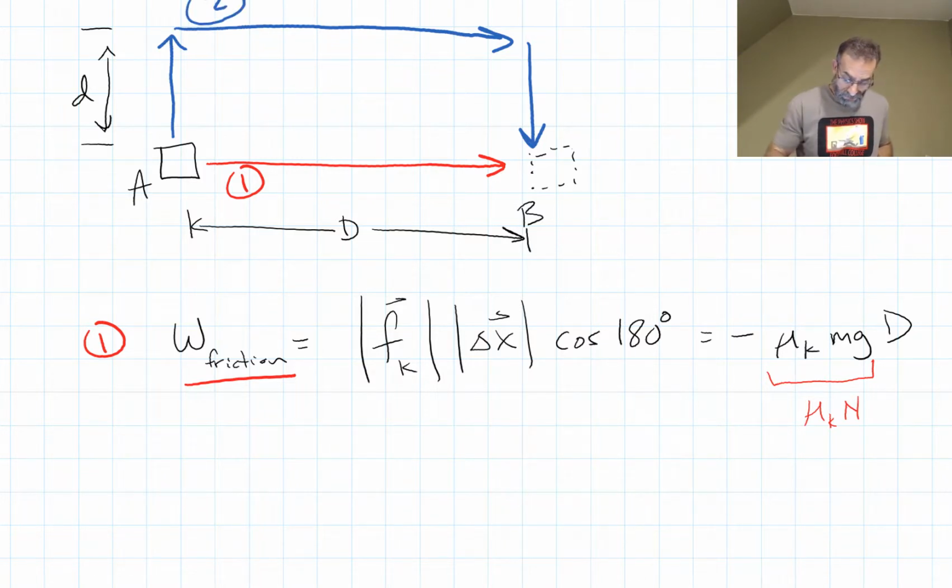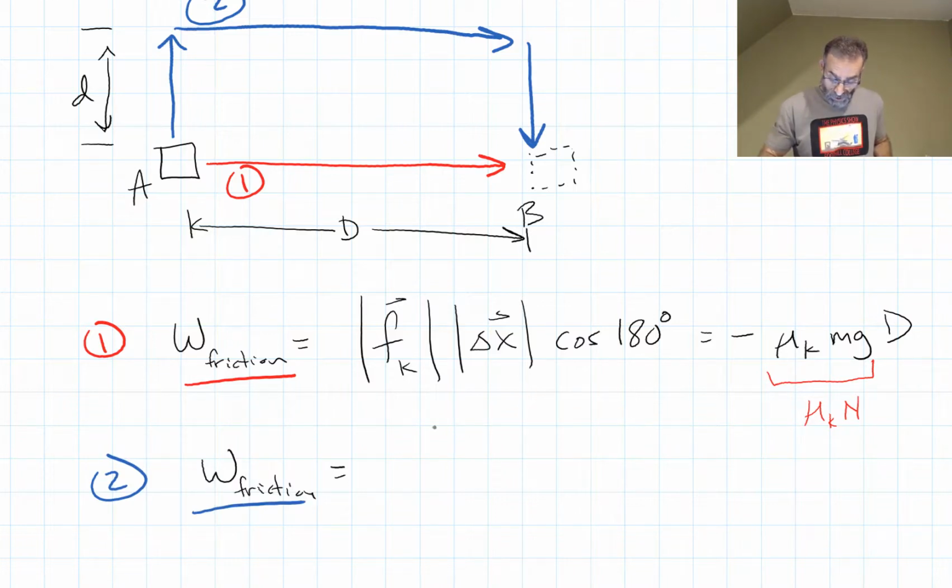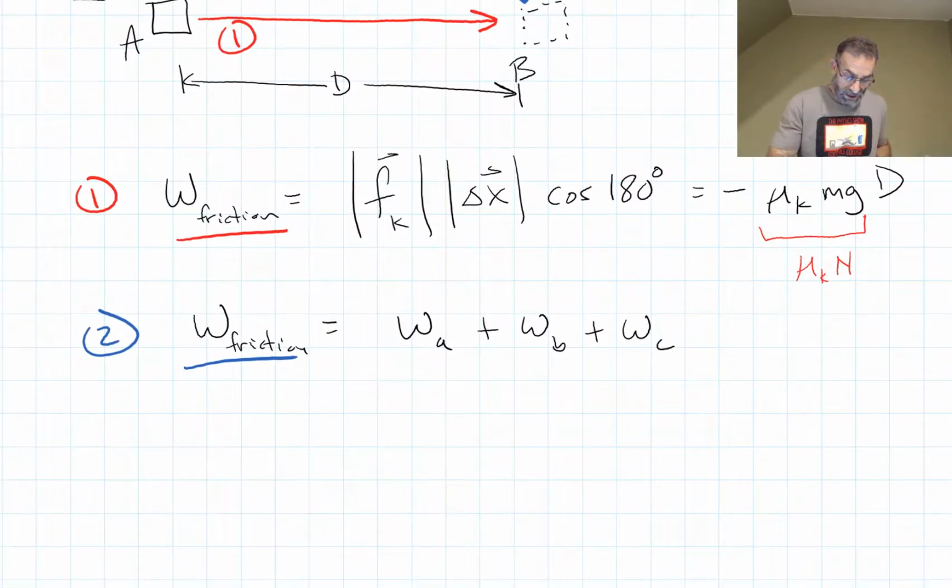And the work done for path 2 is going to be the work done for the first part. I'll call it A, B, C. This is going to be the work done for part A plus the work done for part B plus the work done for part C. We'll add them up. And what do we get?